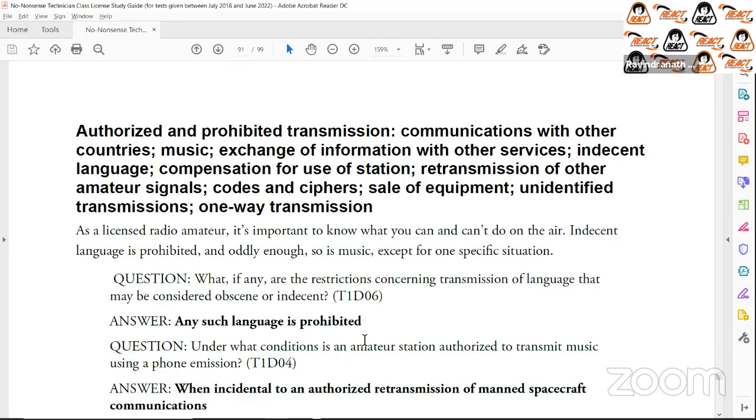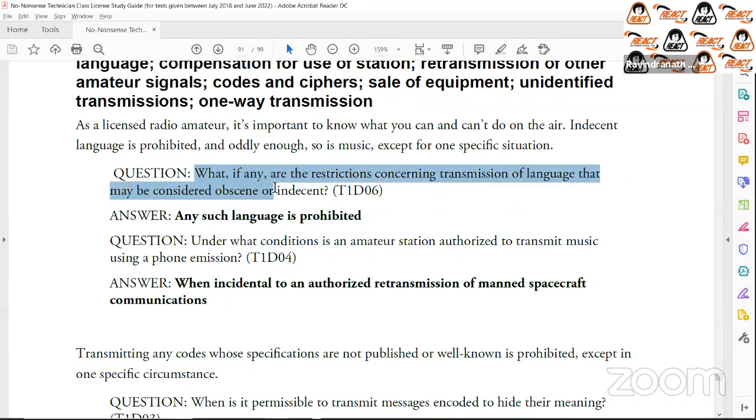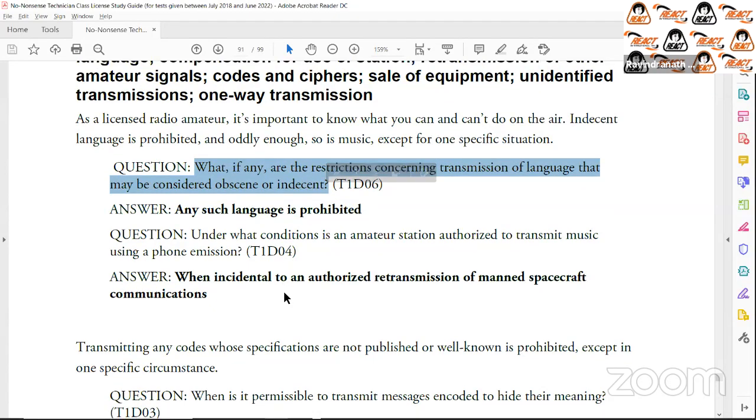Okay, so we're now on to page 86 of the No Nonsense Guide. All right, and this might actually answer the question, and we might spend a couple of minutes here, Anthony, to explore your question a little bit further, right? What, if any, are the restrictions concerning transmission of language that may be considered obscene or indecent?